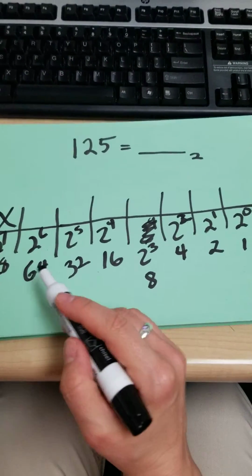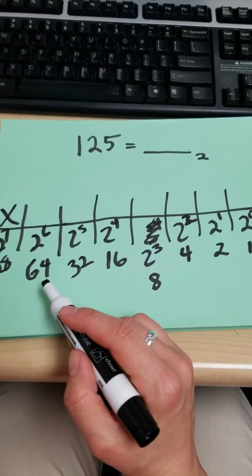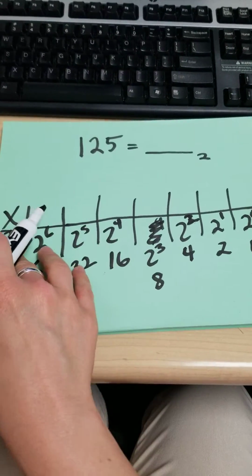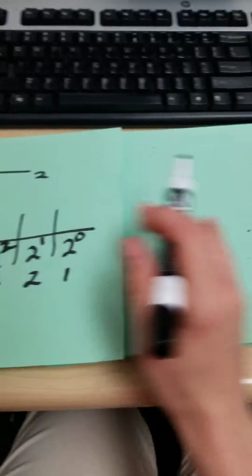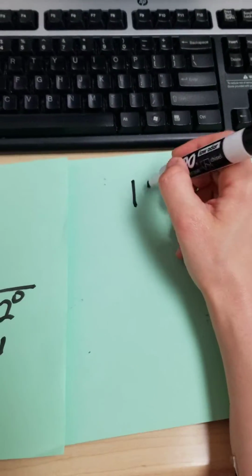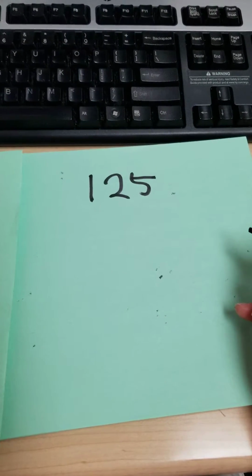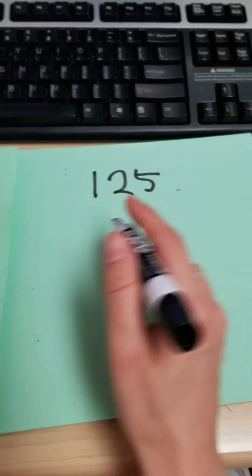All right, so then the 64, the question is, how many groups of 64 can I get out of this 125? If I had 2 groups of 64, it'd be 128. That's too many, so I'm only going to be able to get one group.